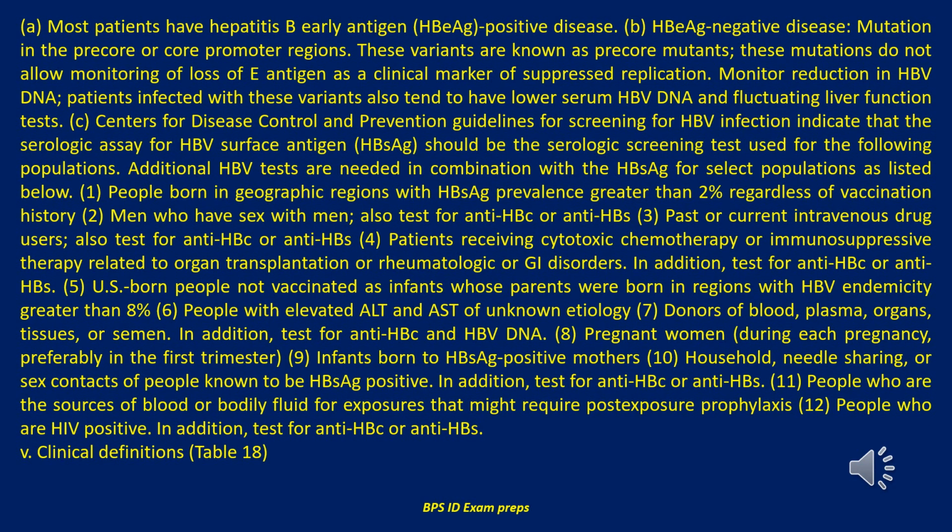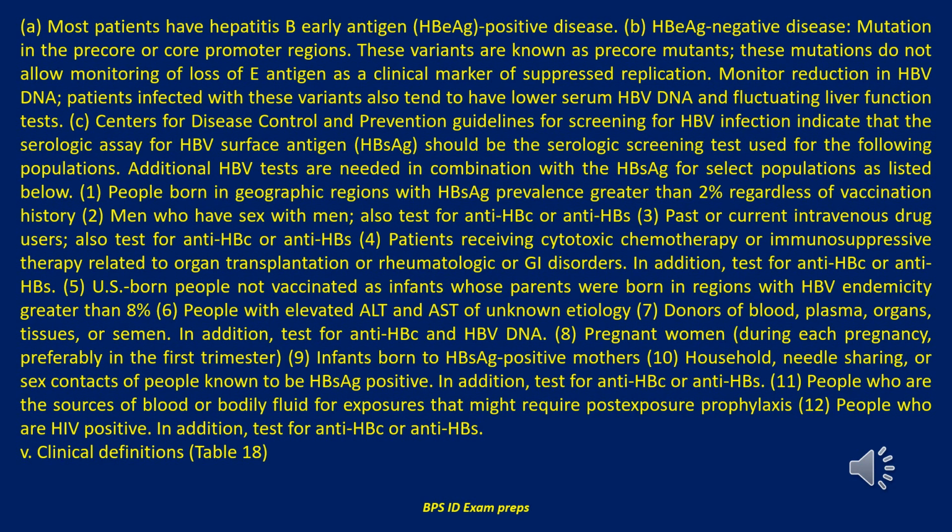These variants are known as pre-core mutants. These mutations do not allow monitoring of loss of E antigen as a clinical marker of suppressed replication. Monitor reduction in HBV DNA. Patients infected with these variants also tend to have lower serum HBV DNA and fluctuating liver function tests.